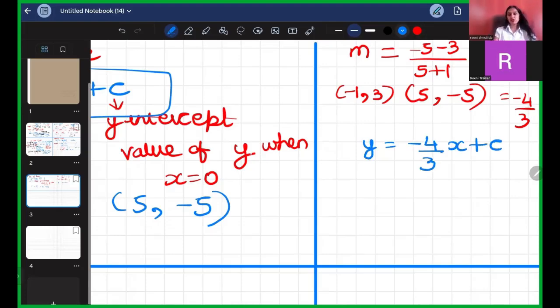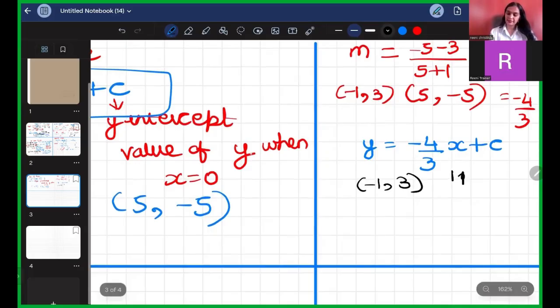Now after finding the slope, how many points do we need? We need 1 point. So let us choose -1 comma 3. So 1 point is needed after finding the slope.